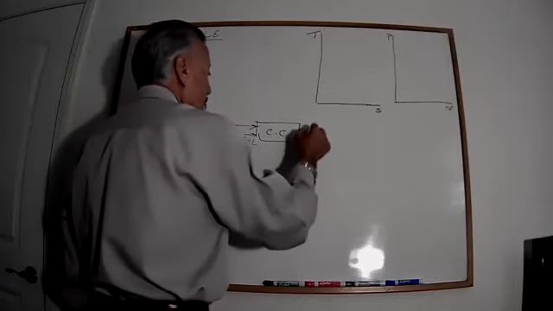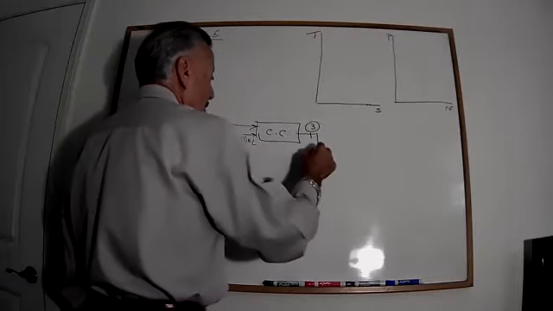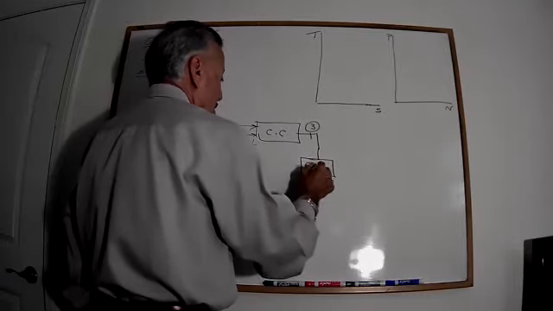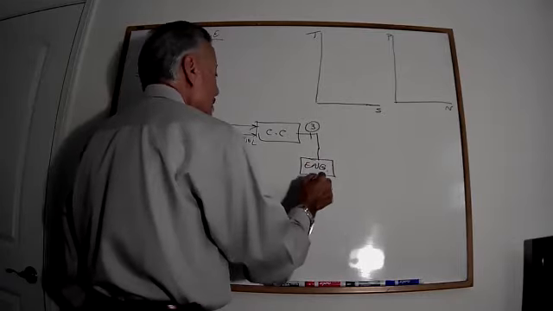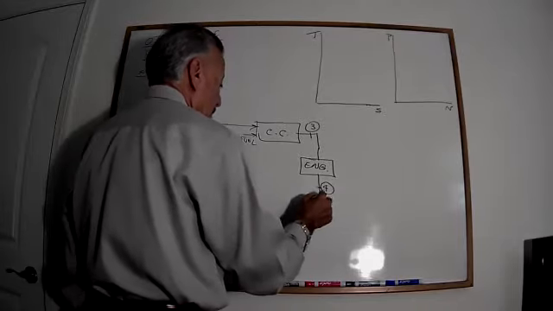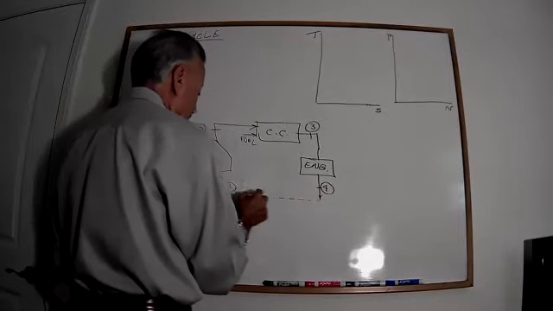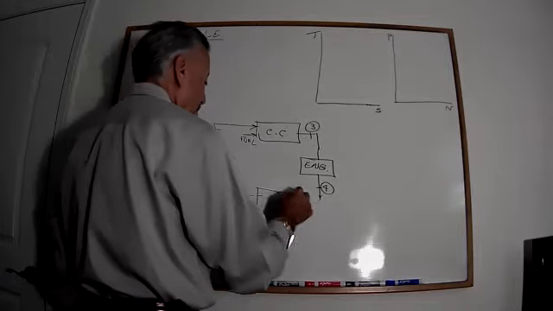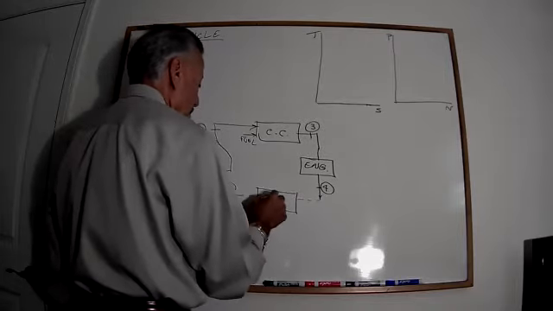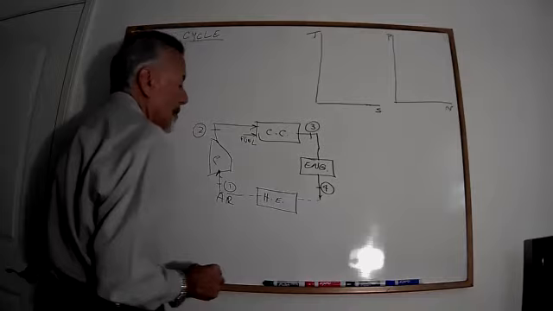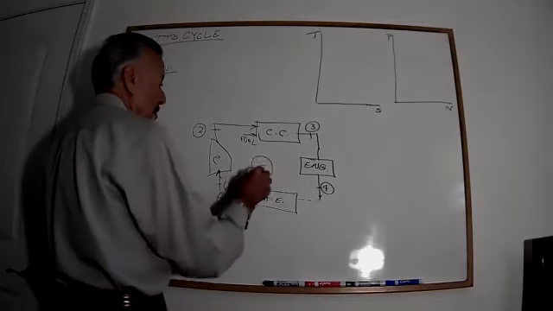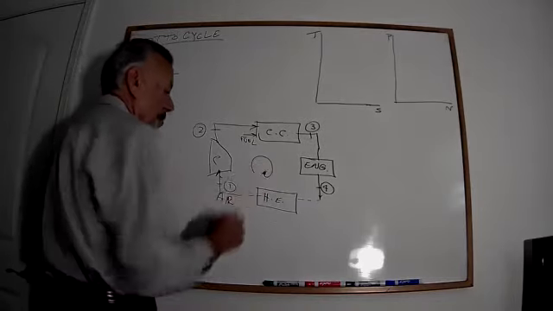Then we come out at point 3, going to an engine, coming out at point 4. Now we can connect back to the heat exchanger to get the first point, and that goes clockwise.